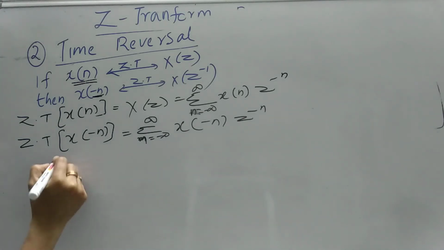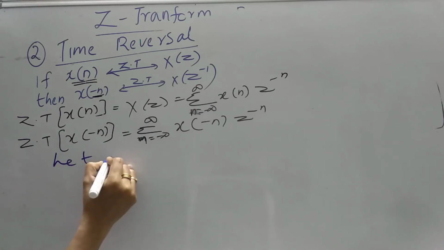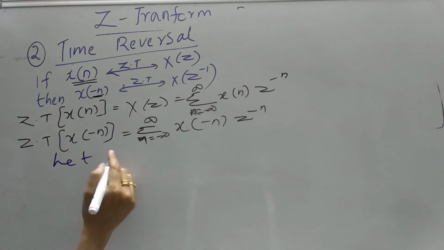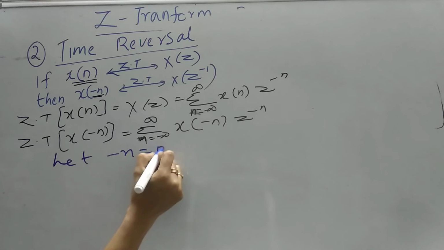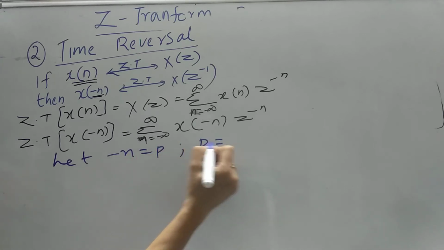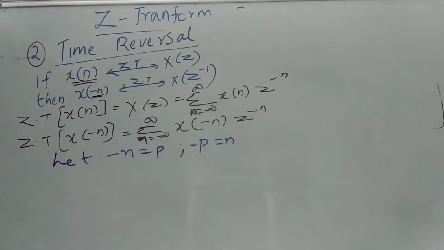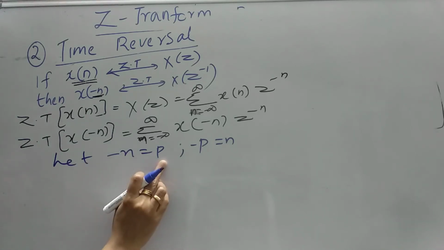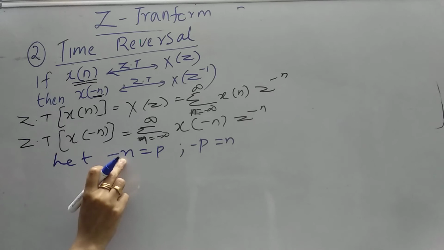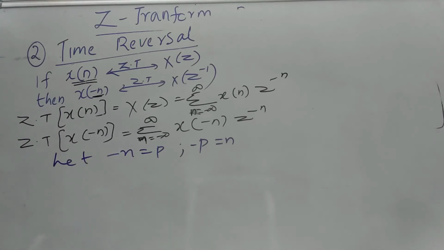Now let us assume, we have minus n, but we need n. So let minus n equal p, or p equal to minus n, whatever you want you can write. When n is equal to infinity, p is also infinity. When n is equal to minus infinity, p is also minus infinity.